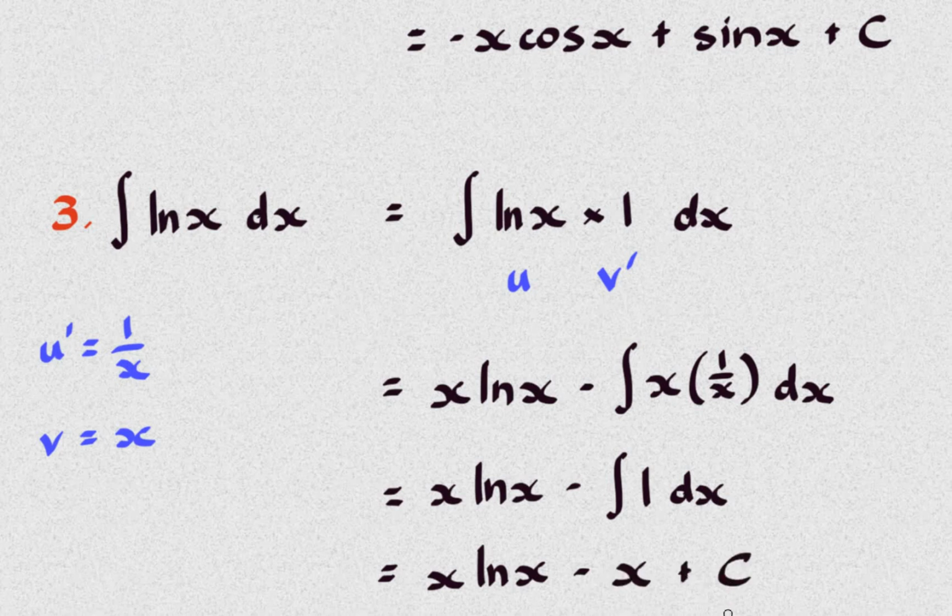And so there we go. If we wanted, we could drag out x as a common factor, but we'll just leave it like this. So we've just found the integral of ln x. And once again, double check it if you like, using the product rule for differentiation.